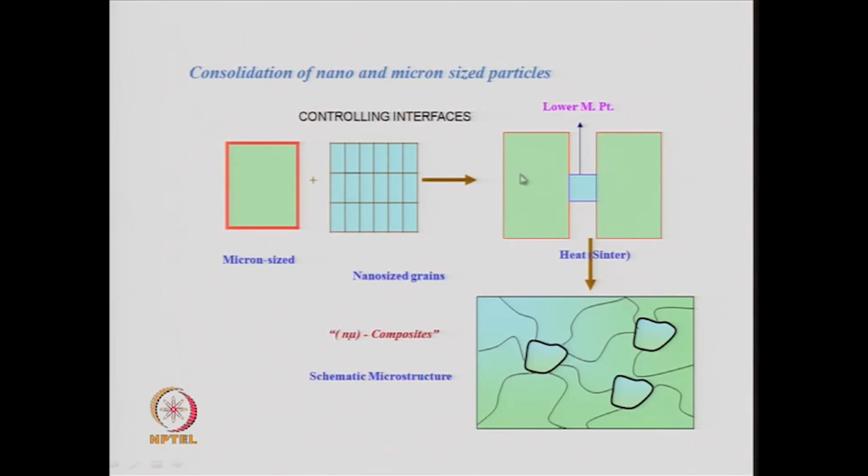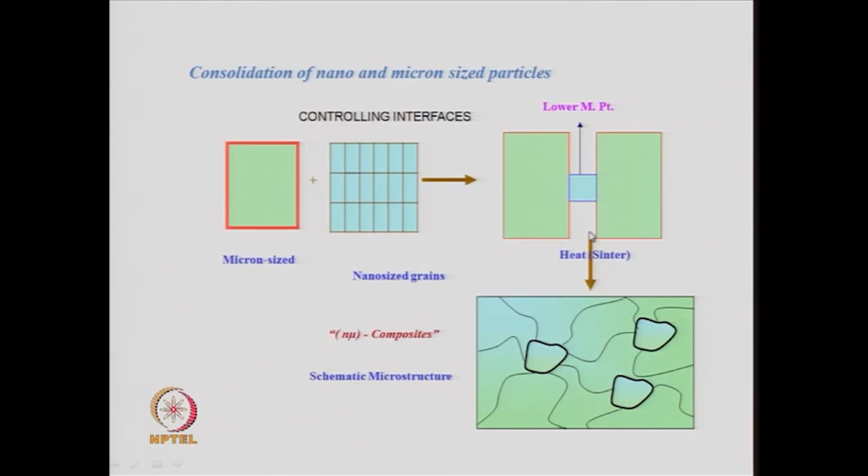This is a schematic diagram which shows what these small particles will do. These small particles can join the large particles, because the smaller particle has a lower melting point, it melts first, and so it will help bonding these two larger particles.